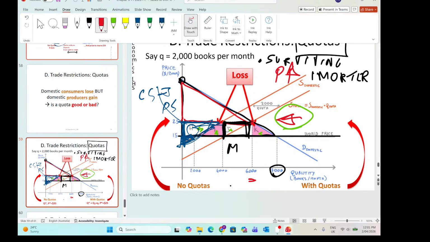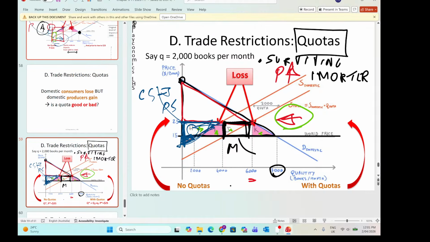The other party that might gain could be the government. The reason it could be the government is because before the quota, 5,000 imports were allowed in. Now only 2,000 imports are allowed in. So how does the government decide which importers can import? Because there are going to be fewer companies importing. One way they might do it is to sell a license.